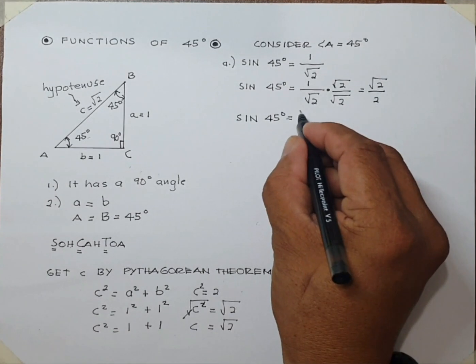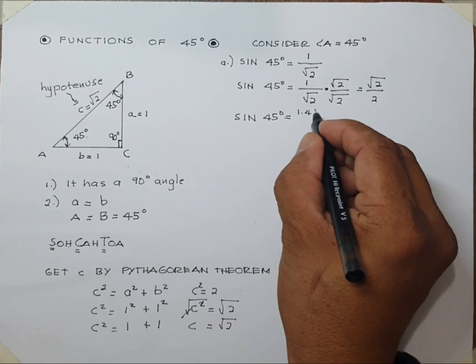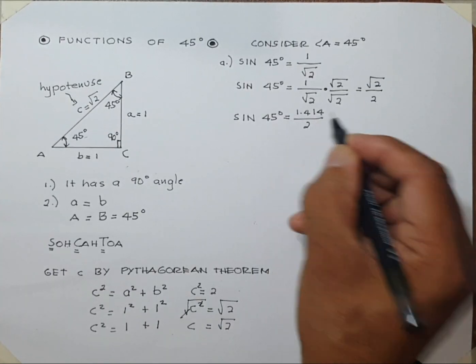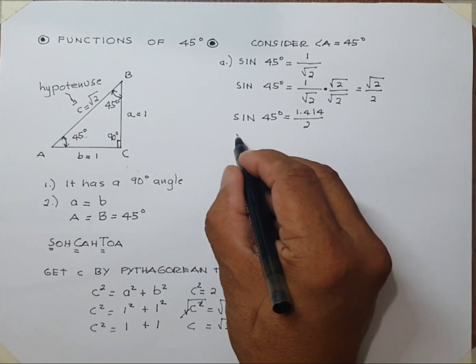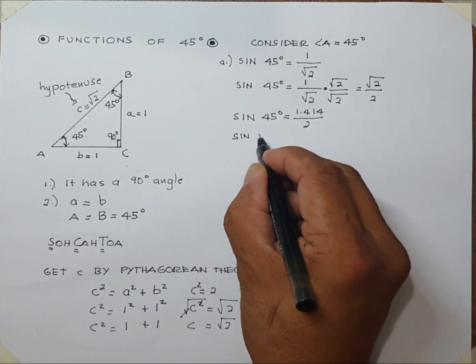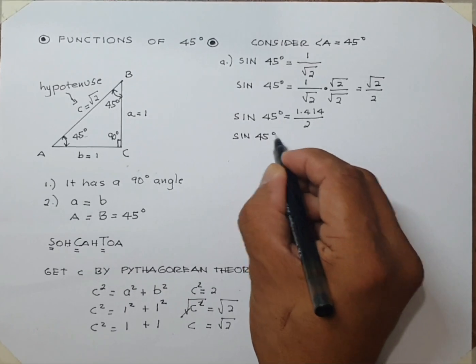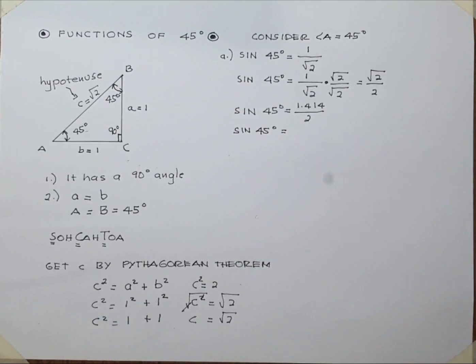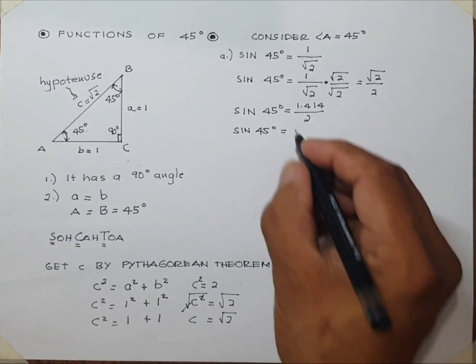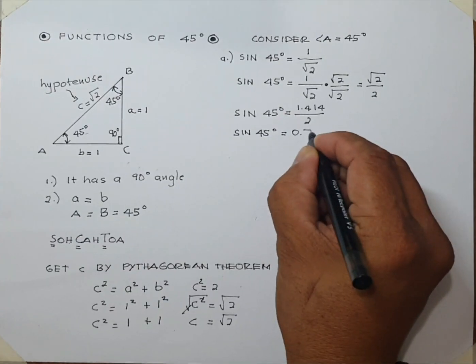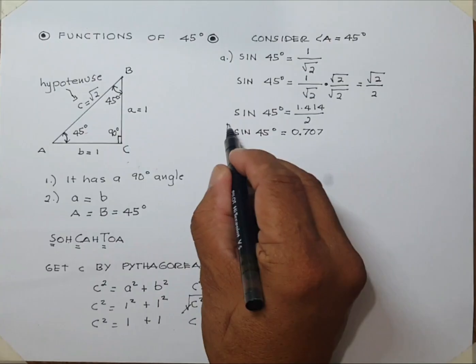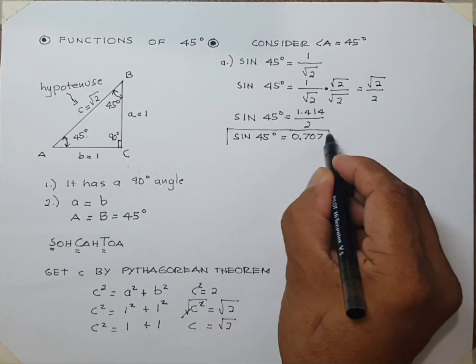So square root of 2 is 1.414 divided by 2. So sine of 45 is equal to, so let's divide this by 2, and that will be equal to 0.707. So this is now the sine of a 45 degree angle.